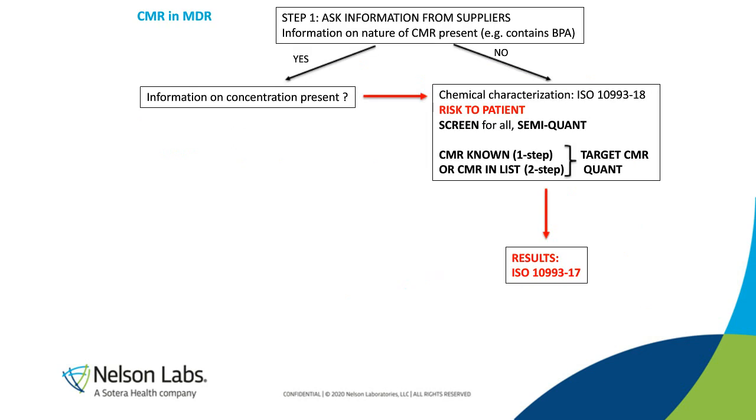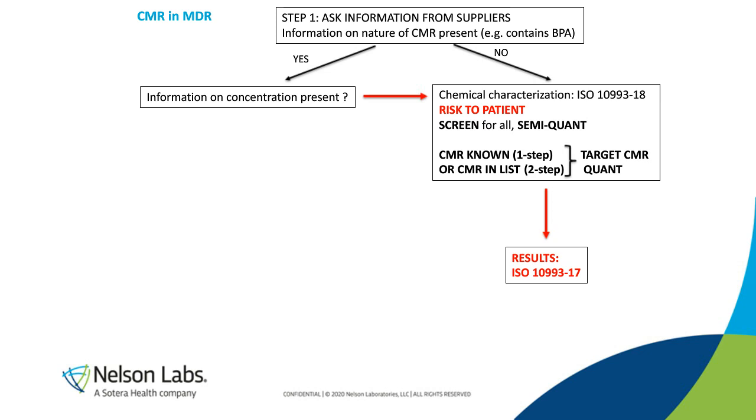So when you start looking at the flow now, going through the information and the process, first you want to see, is there information present? If there is, from the supplier, right? You do that chemical characterization. If there's no information from the supplier available, you do the chemical characterization per -18.